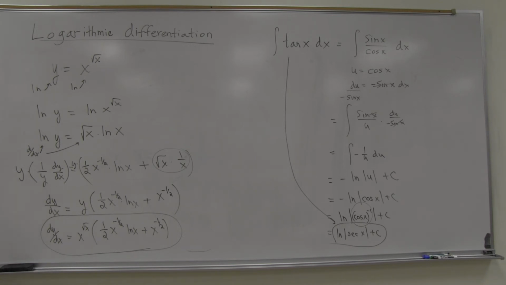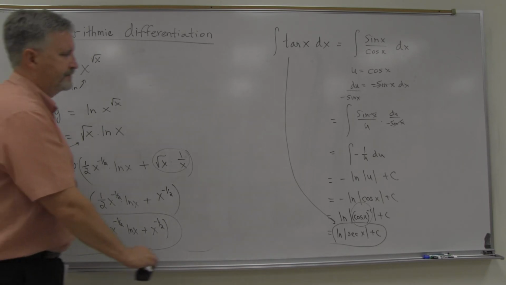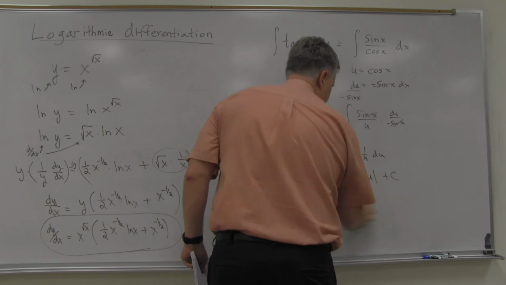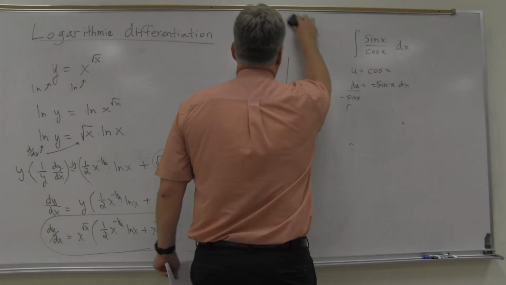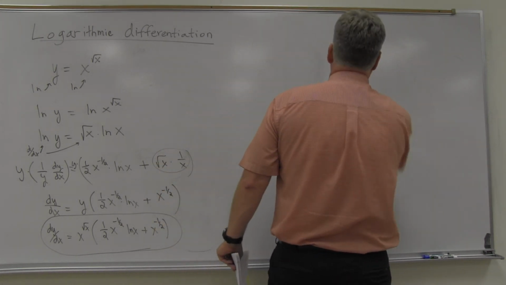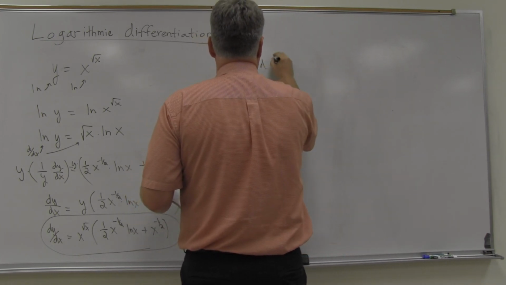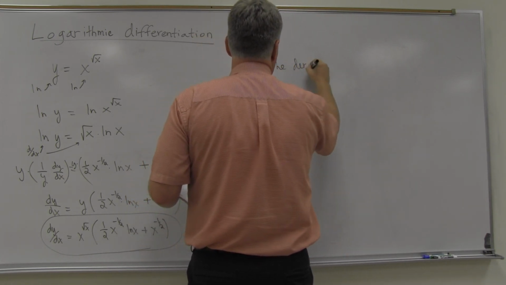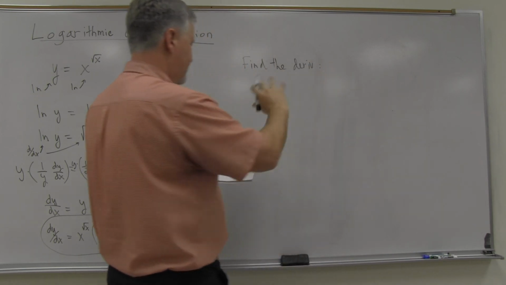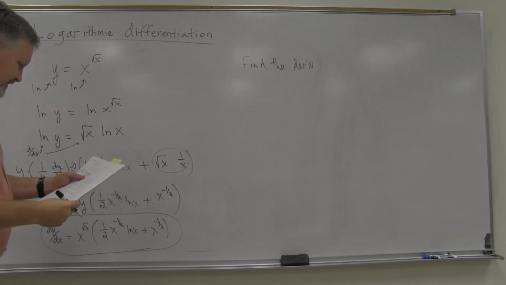Okay, another one where this is good is one where you kind of have, well, I'll just show you. So find the derivative, since we're kind of going between integrals and derivatives a lot.